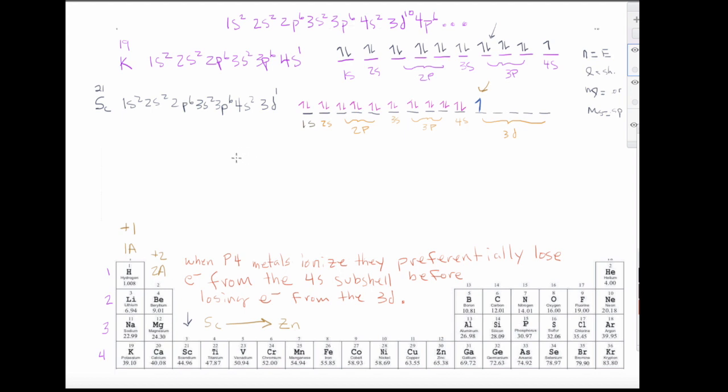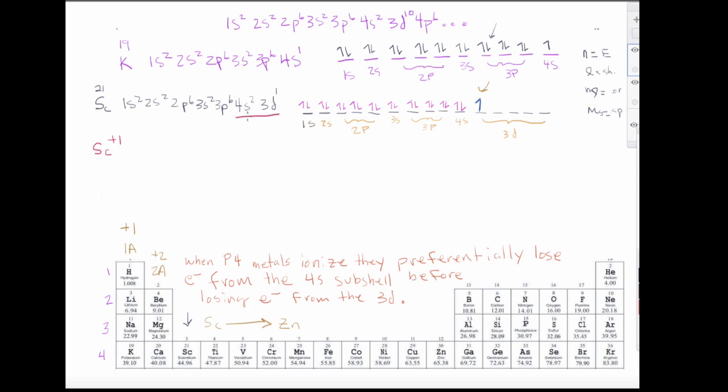So, let's go ahead and do an example now. Let's find the electron configuration and orbital diagram for Sc+1. I've already completed the orbital diagram for you, and you can see the electron configuration, if we just look at the valence.